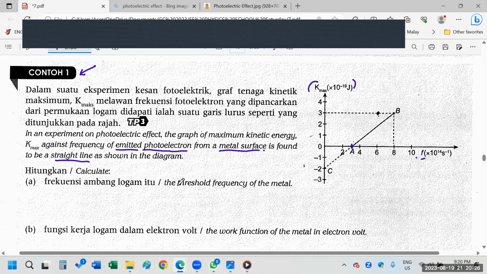Calculate the threshold frequency. Threshold frequency is f naught, the minimum frequency that can emit the photoelectron.